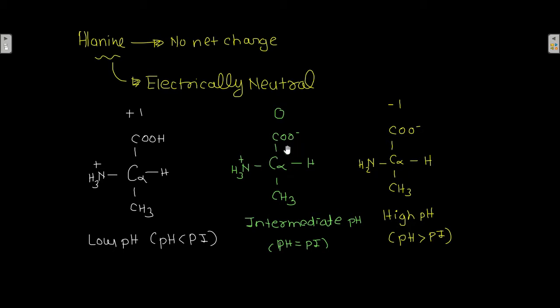So this is the negative charge, and on the amino group there is a positive charge, and that is the reason why the net charge is neutral. There is no net charge. And if you increase the pH further, then the amino group will become deprotonated and it will lose its positive charge. So at high pH, the alanine will have a negative charge.